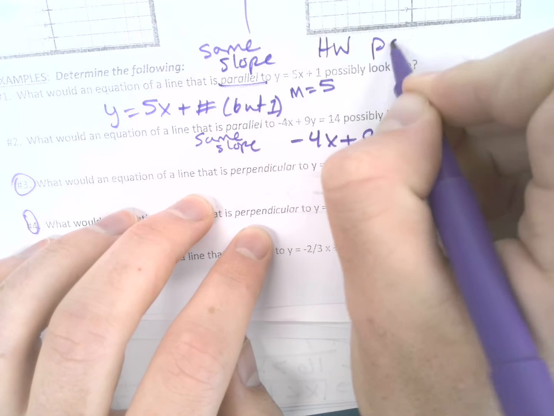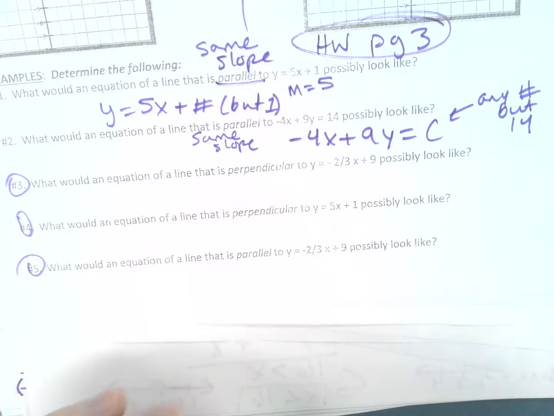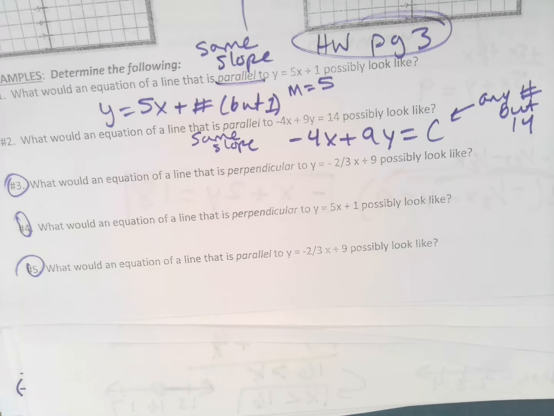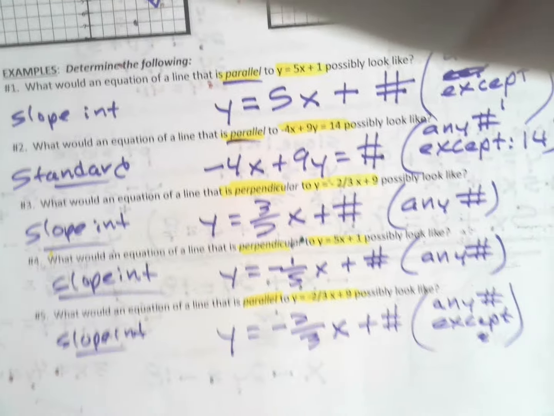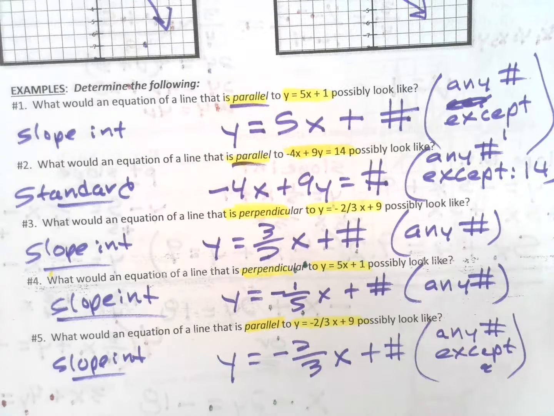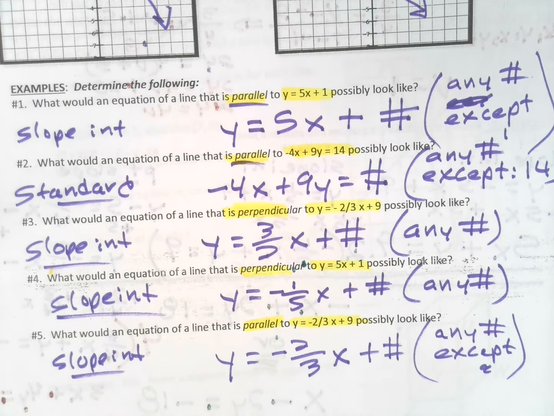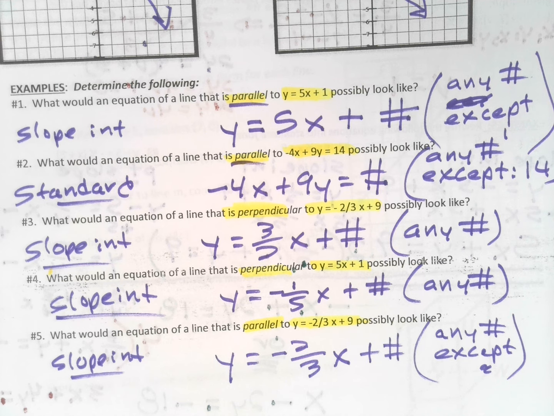HW is page 3. And if you want to see if you got these right, I'll put them up here for you. So if you want to double check, guys, here are those last 3.